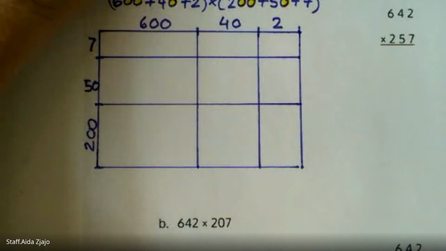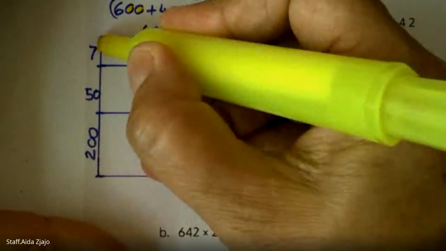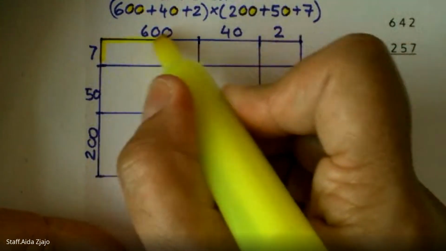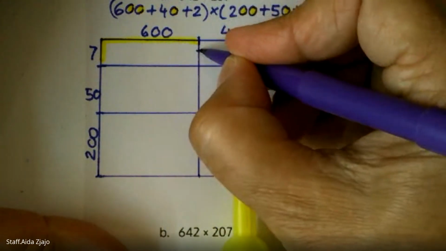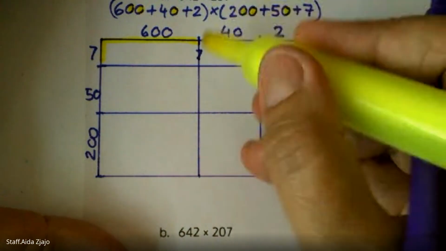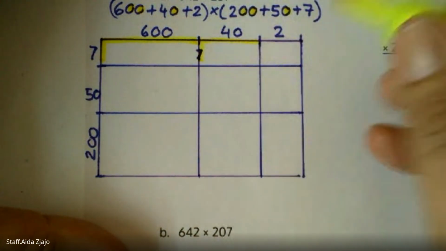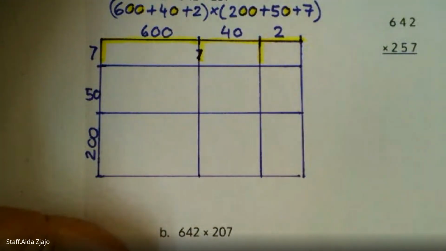So now you know that this area is going to be 7 by 600. This area will be 7 by 40 and 7 by 2.